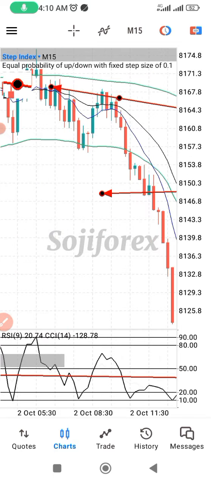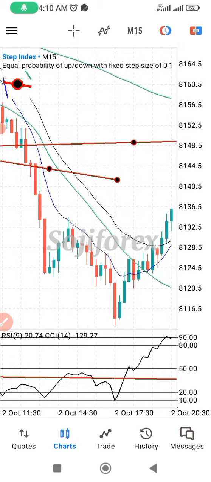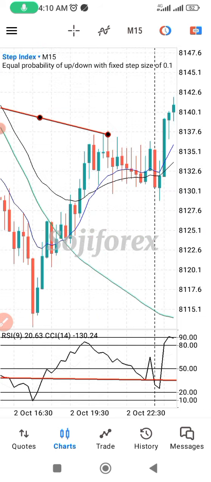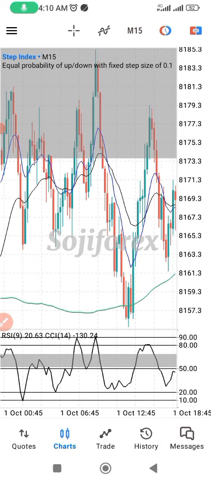In these scenarios, you see that price will pull back, come back to the moving average, give us a signal, and we continue to sell. Here now, price pulls back to the moving average, and then we'll continue to sell. So this is how it works, and I believe you have found this video very helpful.